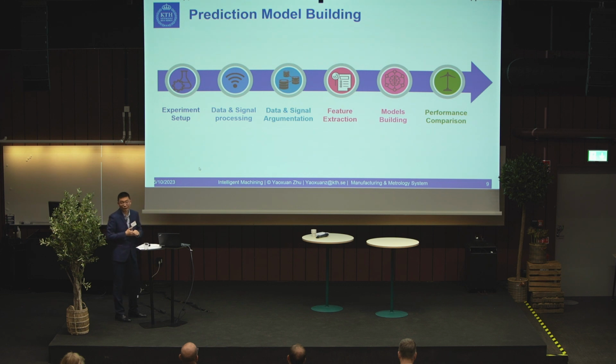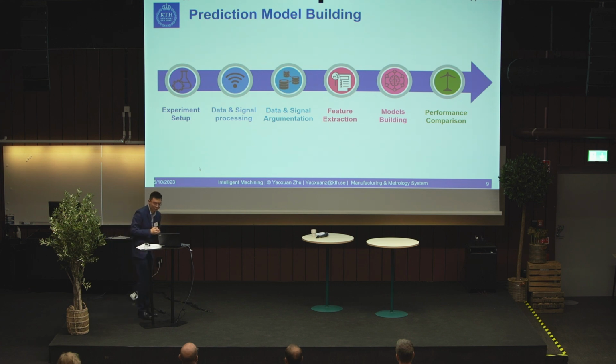In model building, compared with our research peers, they always build the surface roughness prediction model based on a classification model, which means the output of their model can only tell you the quality level of the workpiece. But here we use a regression model, which means our model output can tell you the exact value of the surface roughness, like 0.5 or 0.6, the Ra value.